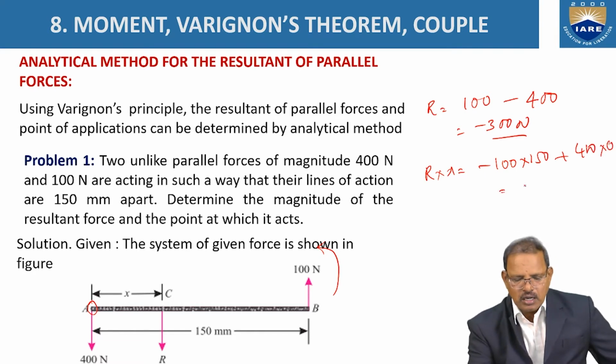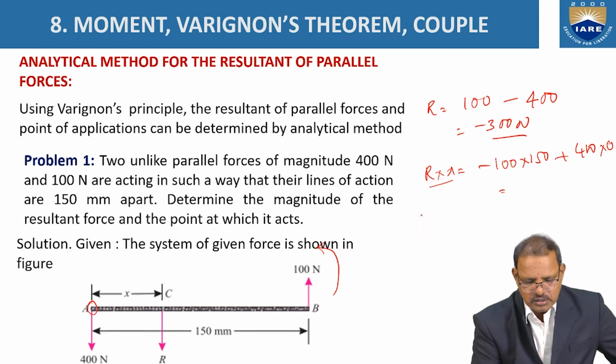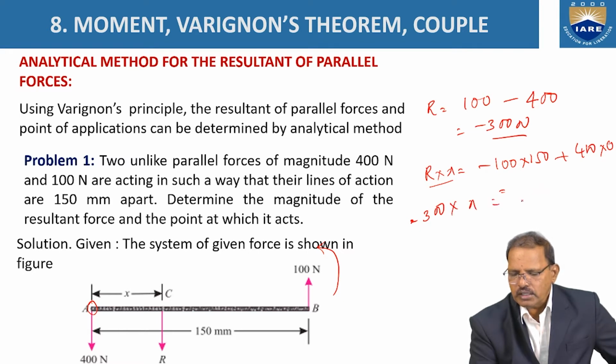That means according to this problem, R into x is equal to, R is equal to 300, minus, 300 into x is equal to minus 100 into 150.